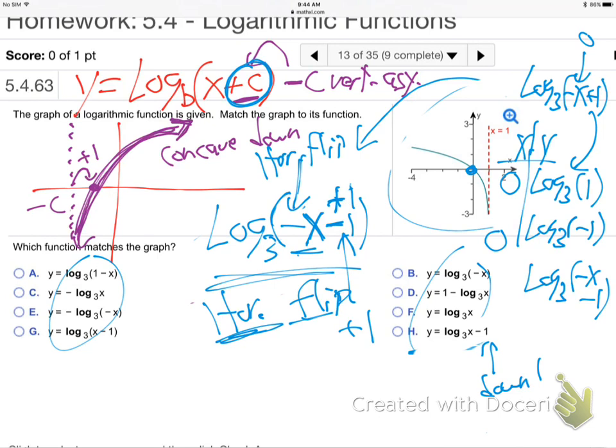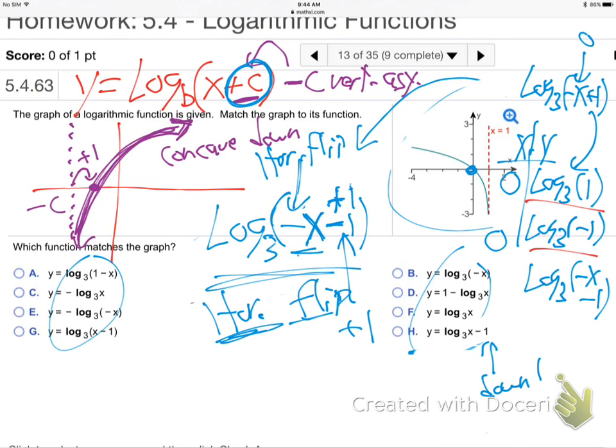Am I losing you? I'm plugging into both versions, log base 3 of minus x plus 1 and minus x minus 1. Plugging what in? X is 0, because I know I'm supposed to get 0, 0 in the real deal. So which one of these is the real deal? This one or that one?